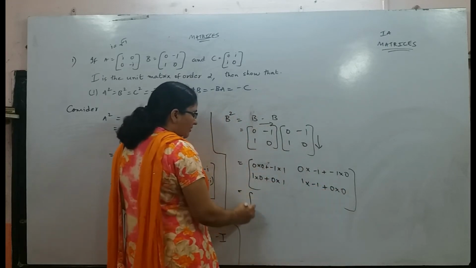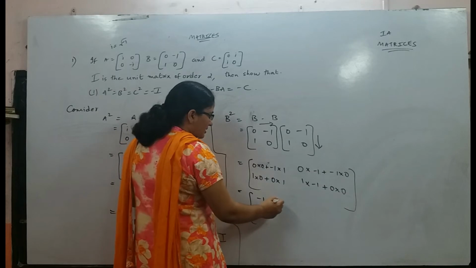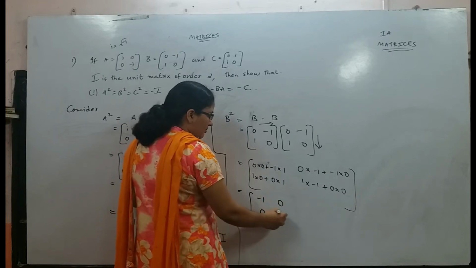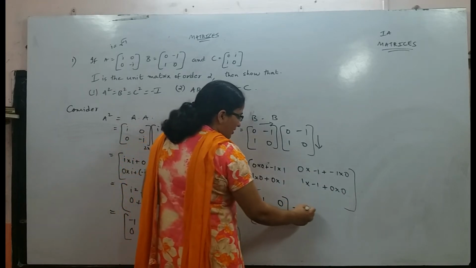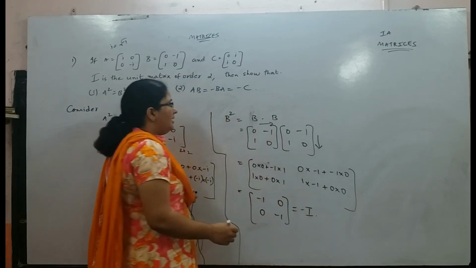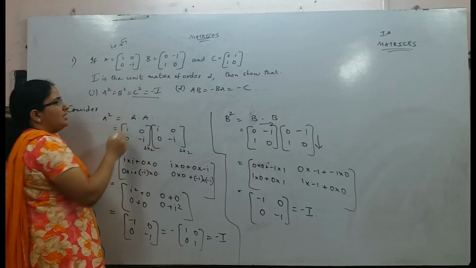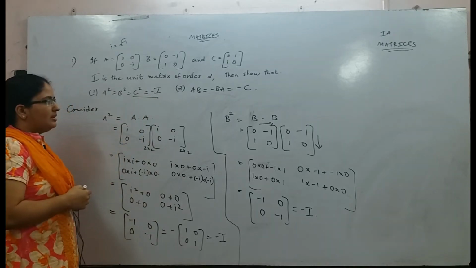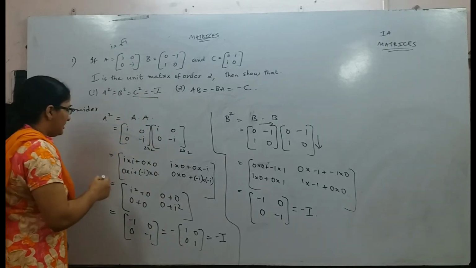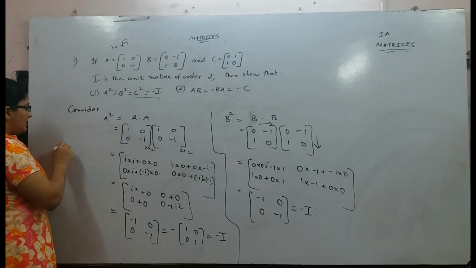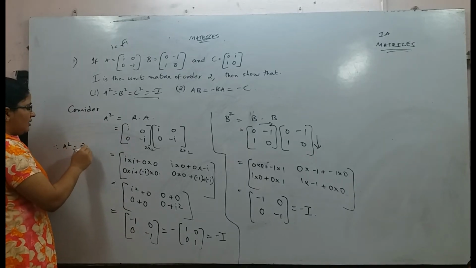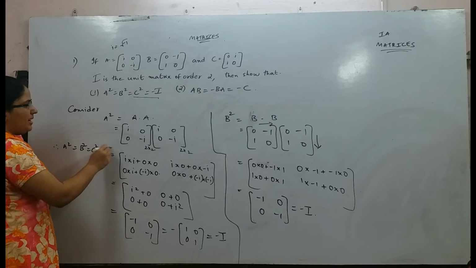So here you have minus 1, 0, 0, minus 1, which is equal to minus I. Similarly, I shall leave the third bit for homework. You have to prove that C square is equal to minus I. So what do we get from this? Therefore, A square is equal to B square is equal to C square is equal to minus I.